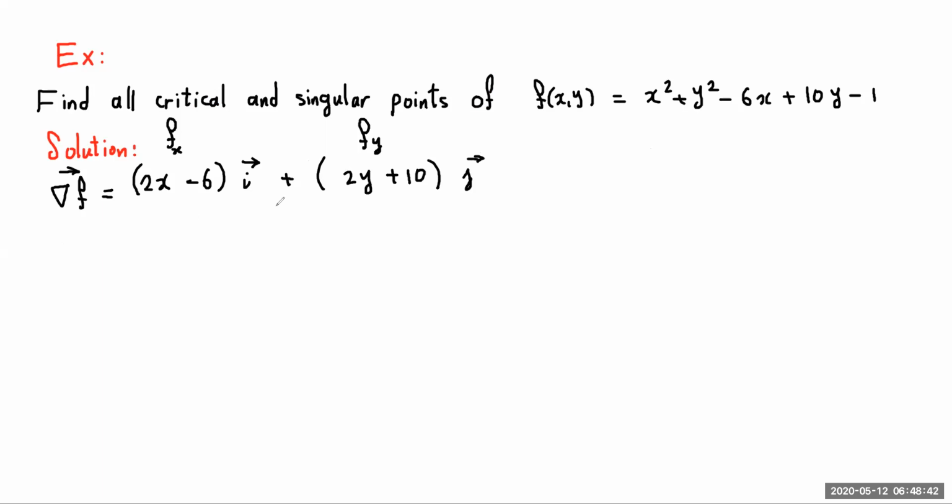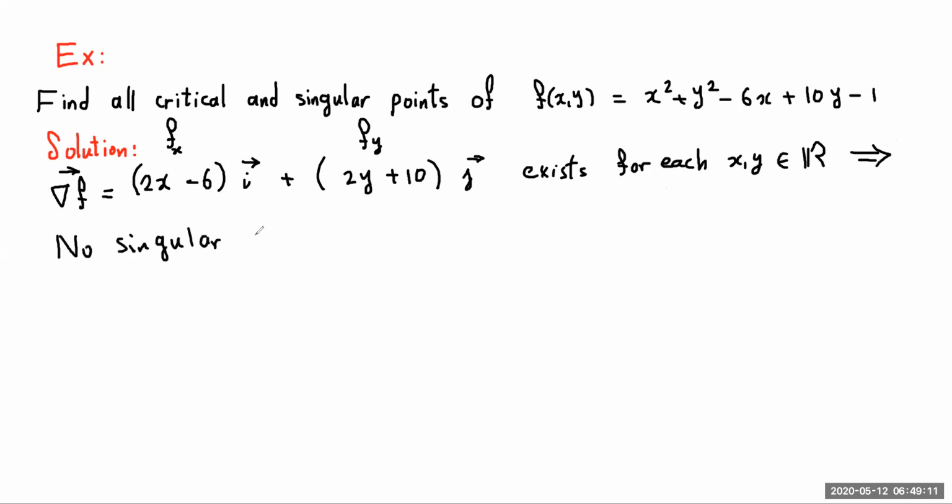To find the singular points, at first we remark that this vector, the gradient of f, exists for each (x,y) in R², for any real numbers x, y. So for this reason, no singular points.